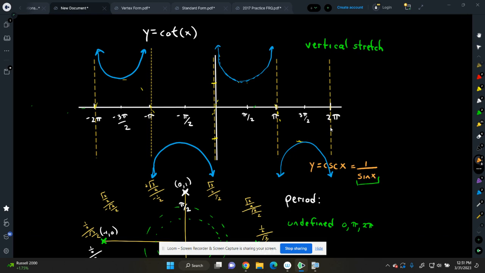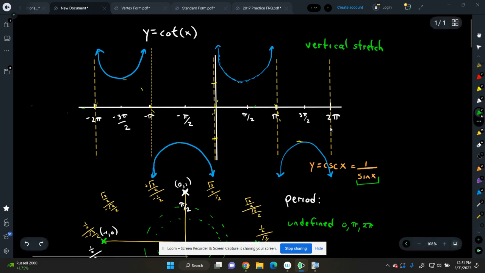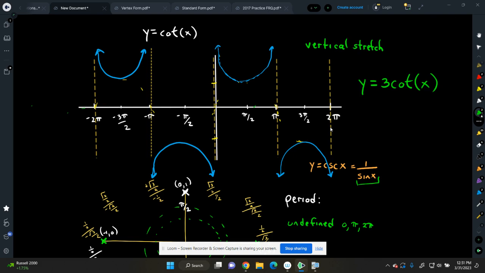What do you think would happen? How would this curve change if it was y equals 3 cotangent x? How's that going to change? It could be.